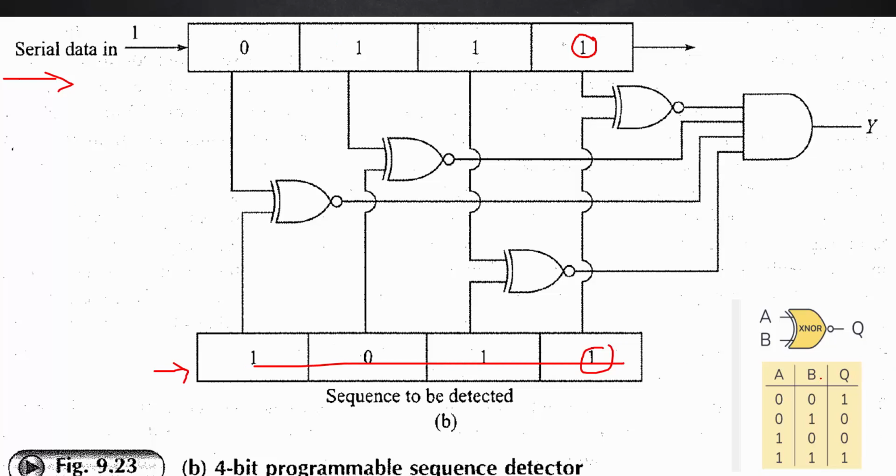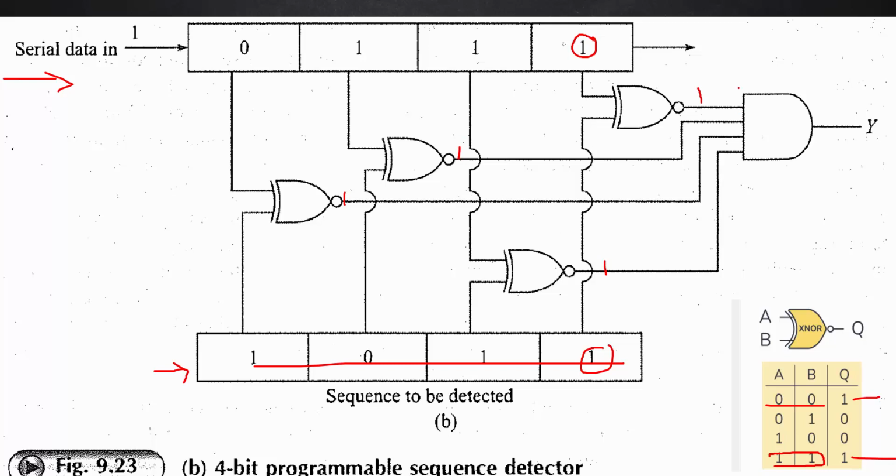What is the truth table for your XNOR? If both the inputs are equal, it generates 1. 0 0, it will generate 1. If these two bits are matching, then it will generate 1, otherwise it is 0, right?